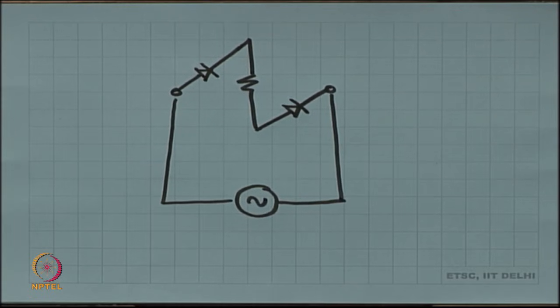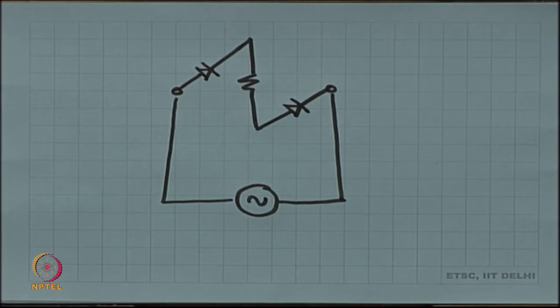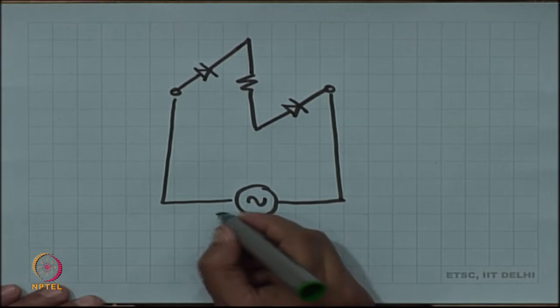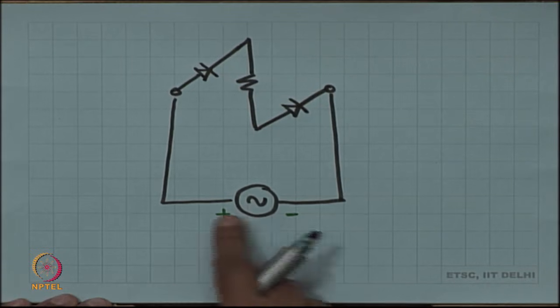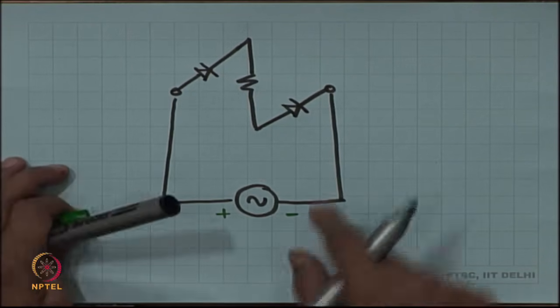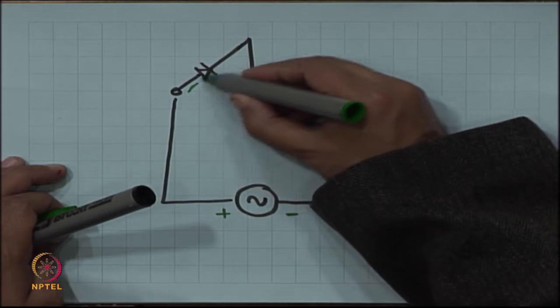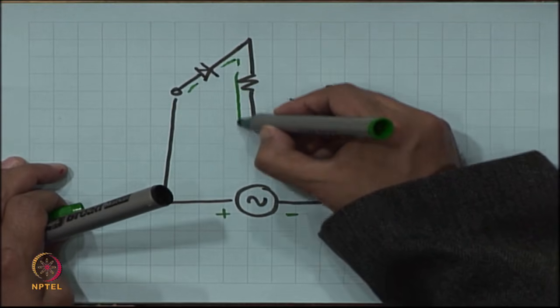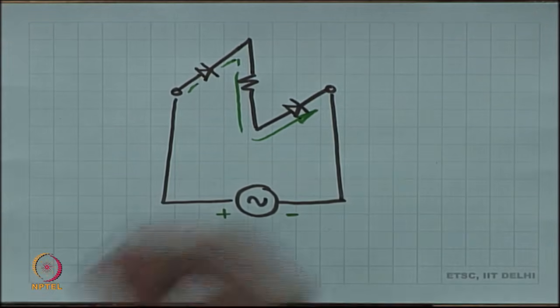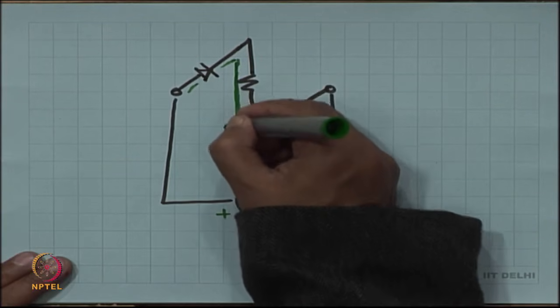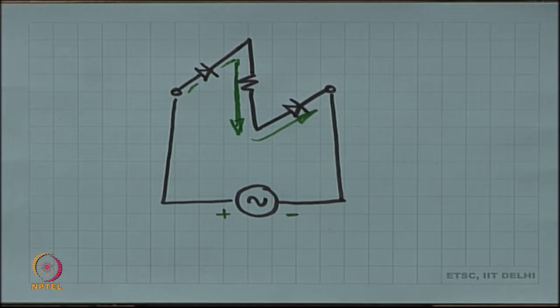Okay. So, when the voltage is positive, that is when this voltage is more, when the polarity is plus on this side and minus on this side, then current flows in this fashion through the two diodes.